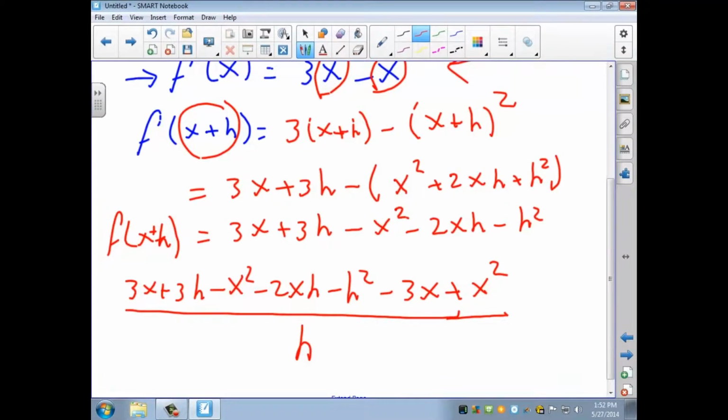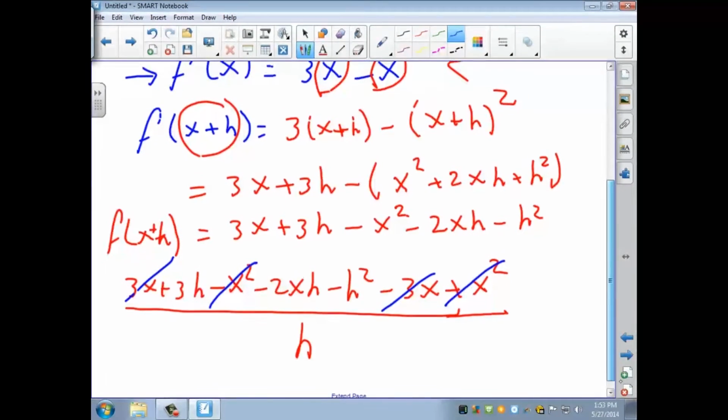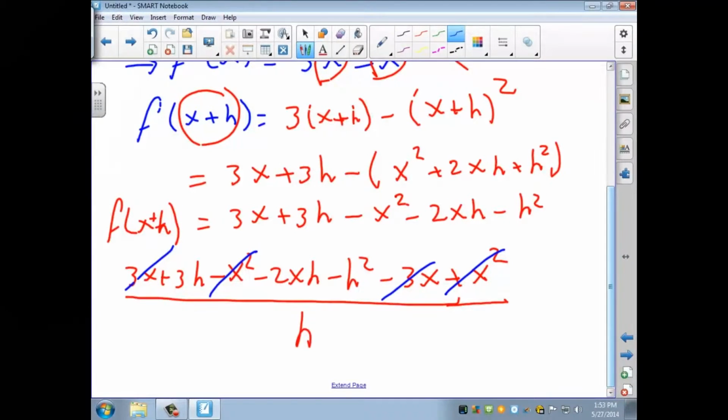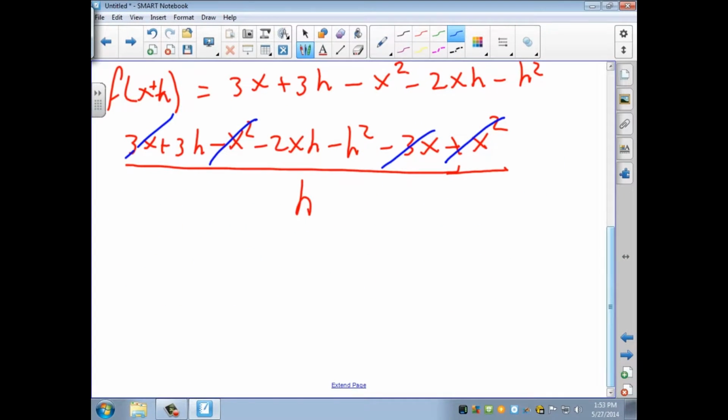Now you can simplify. The plus x squared here and minus x squared would cancel. Minus 3x and plus 3x would cancel. And what remains in the numerator, again, you're trying to get the slope of a tangent line, you have to take the limit as h goes to 0 of 3h minus 2xh minus h squared.